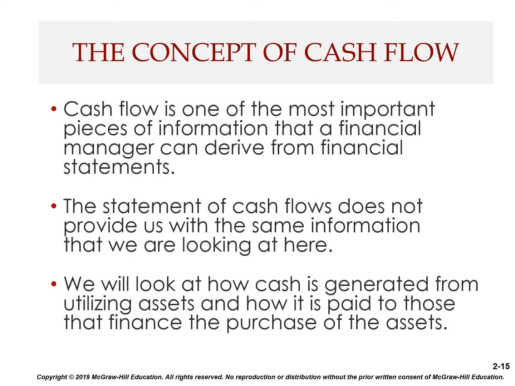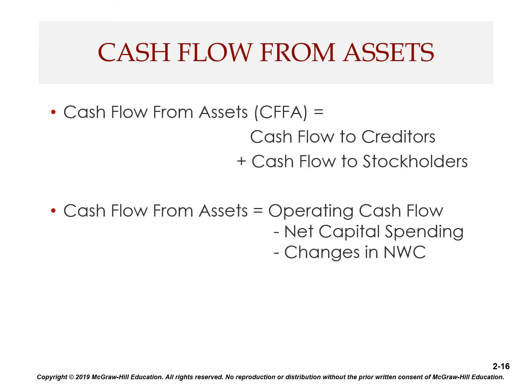A statement of cash flow included in the financial statements tells a decision maker how the company spends its money on operations, investing, and financing. We're taking a little different spin here. We are going to determine cash flow from assets, and that always equals cash flow paid to the creditors plus cash flow paid to the stockholders.